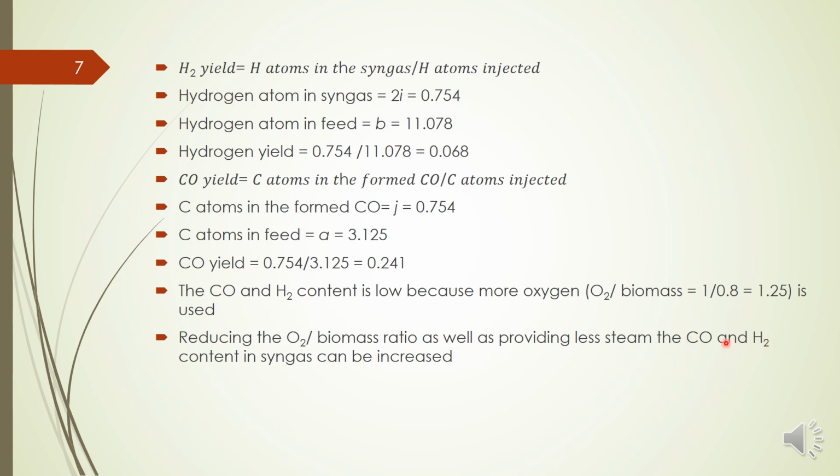So that is the conclusion we are getting. In this syngas composition we have a high percentage of water vapor and carbon dioxide. That is due to the high amount of oxygen supply and steam supply. So you have to reduce steam supply and oxygen supply to get a very good syngas composition. That is the inference we are getting from this problem.